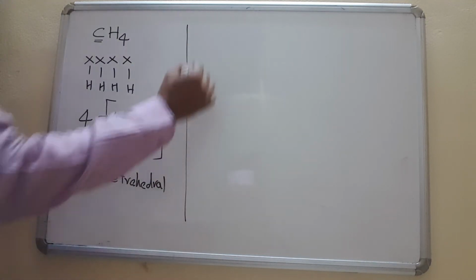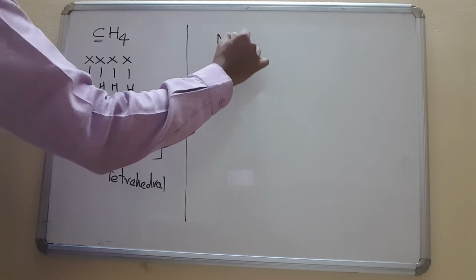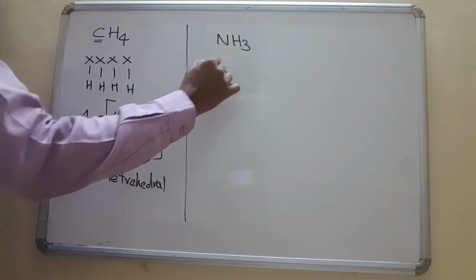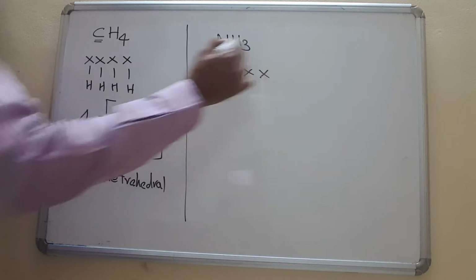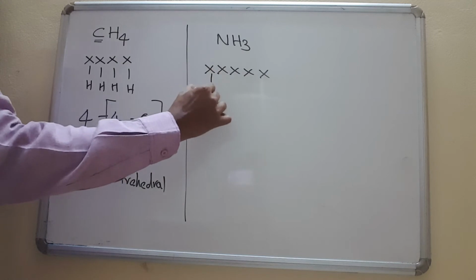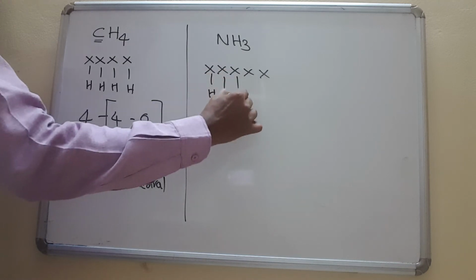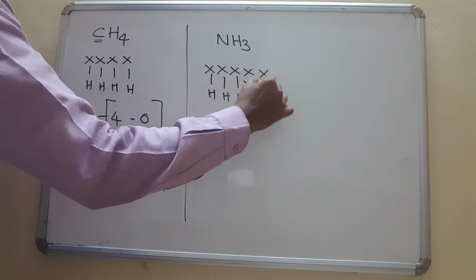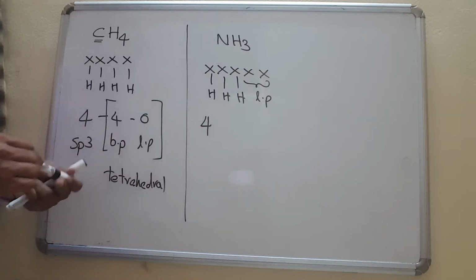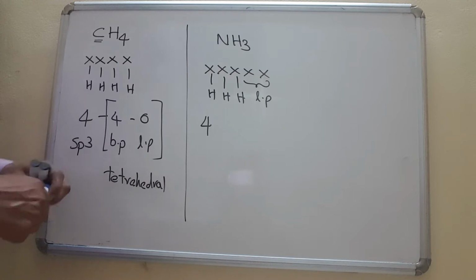Okay. For example, ammonia. In ammonia, what is the nitrogen group number? Fifth group. That means 5 electrons are present in the nitrogen valence shell. The total hydrogens are 3, and each forms one bond. The remaining are lone pairs. The total pairs is 4, which means its hybridization is sp3.